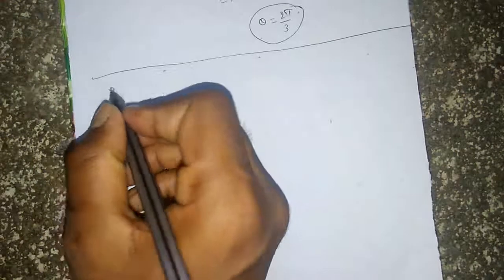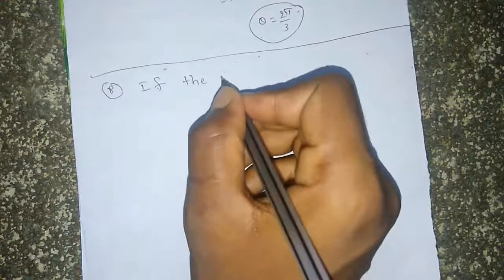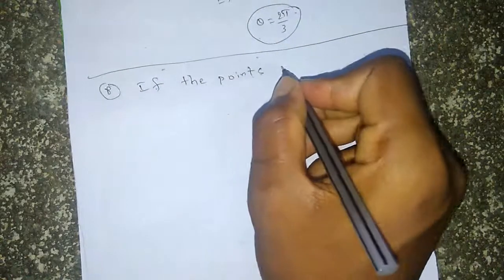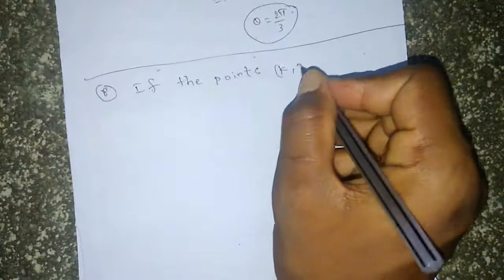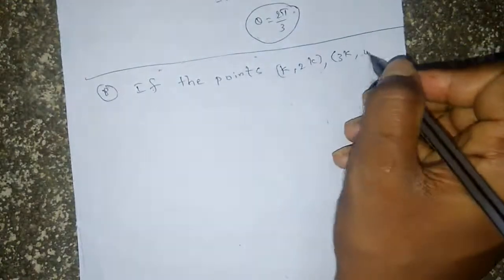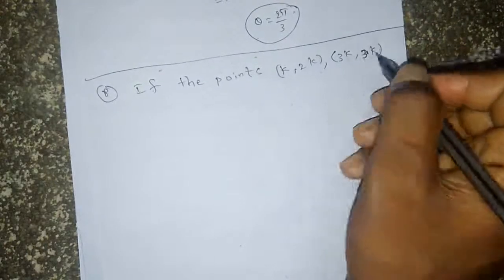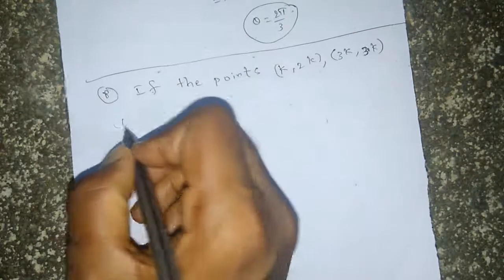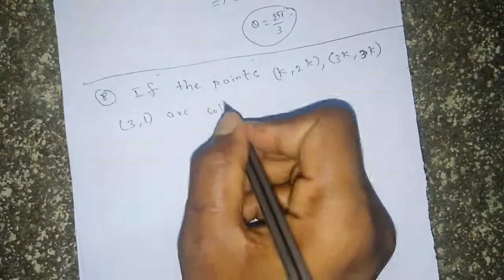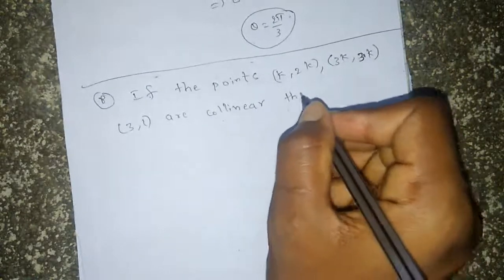Our next problem is, if the points k comma 2k, 3k comma 3k, 3 comma 1 are collinear, then k is equal to.